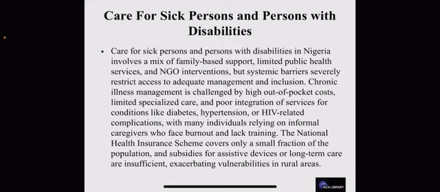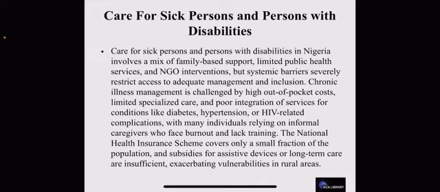Chronic illness management is challenged by high out of pocket costs, limited specialized care, and poor integration of services for conditions like diabetes, hypertension, or HIV related complications. Many individuals rely on informal caregivers who face burnout and lack training, you understand? The informal caregivers are just doing it out of love for being a family member. It is not like they have the adequate or proper training to do it professionally.